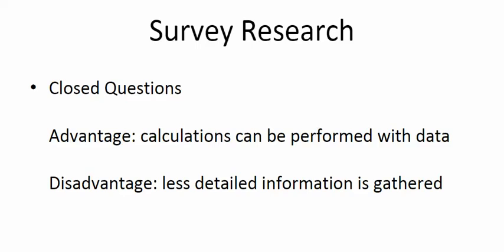Well, when I get my answers back to that closed question, all I'm going to know is whether each person likes the support from the professors, whether they like the appearance of the campus, and whether they like the social life. And I'm not going to know any more detail beyond that. I'm just going to know some surface level information about my participants.